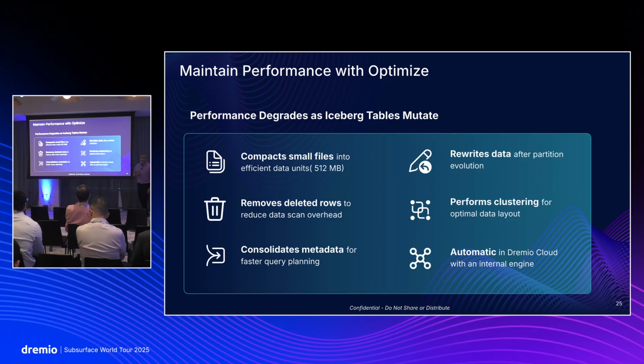If you change your partitioning scheme, for example, if you had data in the table before, that data will not adhere to the new scheme. And if you want the old data to adhere to the new scheme, you may want to, again, optimize or reorganize your table. And last but not the least is clustering.